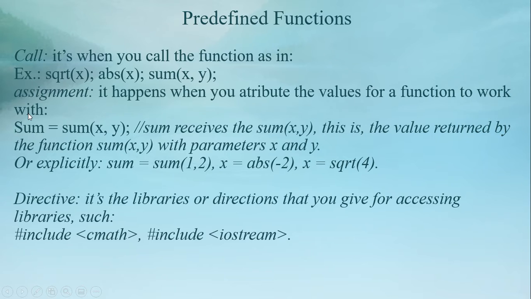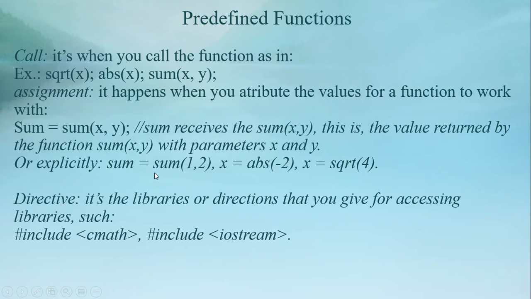Do you know why? Because you're going to have a lot of trouble if you don't do that. Trust me. Sum receives x and y, and this variable receives this sum. This is the value returned by the function with these parameters or arguments.